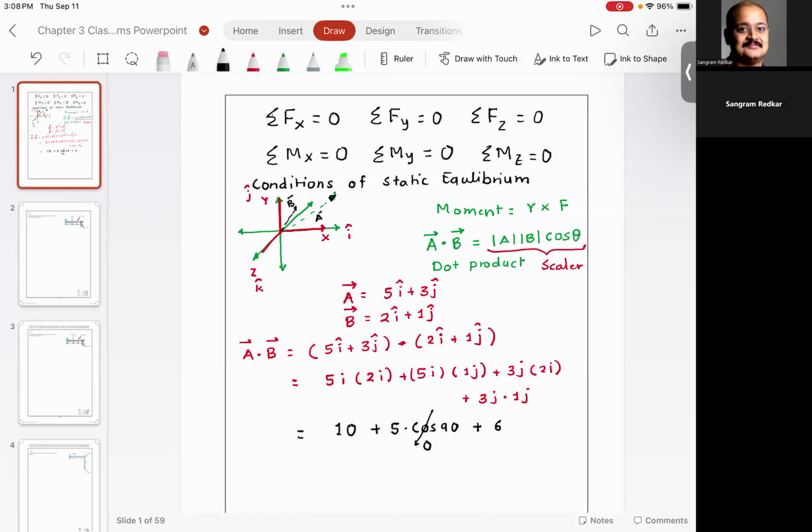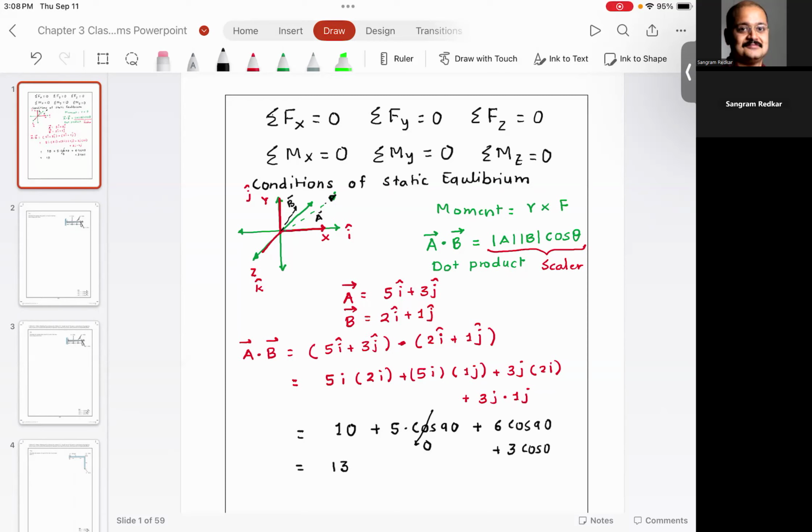Same thing, j and i are perpendicular to each other, cosine 90 degrees. And the last but not least is 3j times 1j is 3 cosine 0. Why cosine 0? Because j is aligned with j. So the answer of this dot product is nothing but 13.